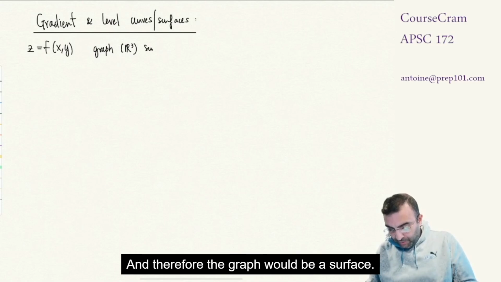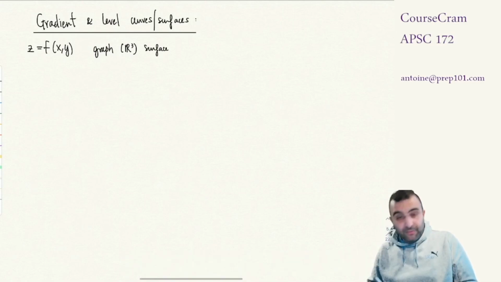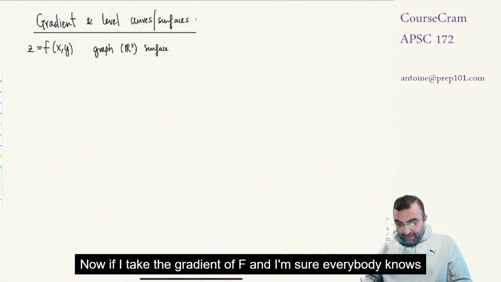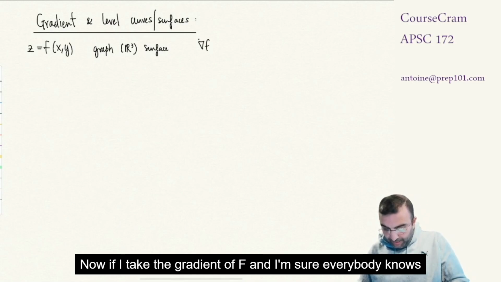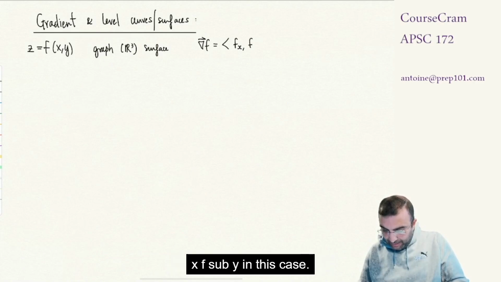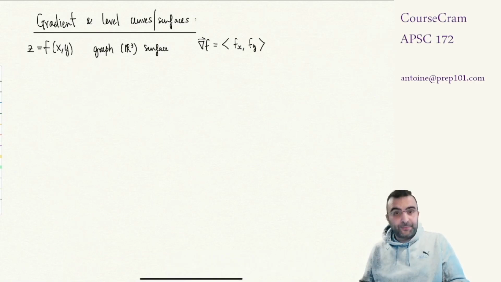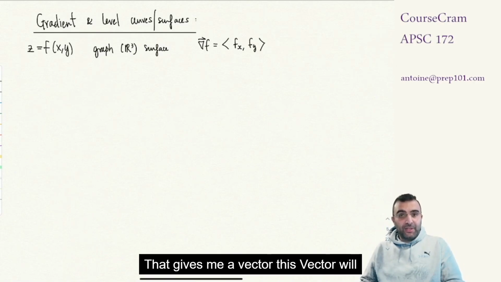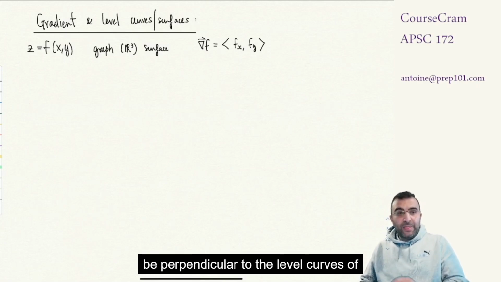Now, if I take the gradient of f, which is f sub x, f sub y in this case, that gives me a vector. This vector will be perpendicular to the level curves of this surface.